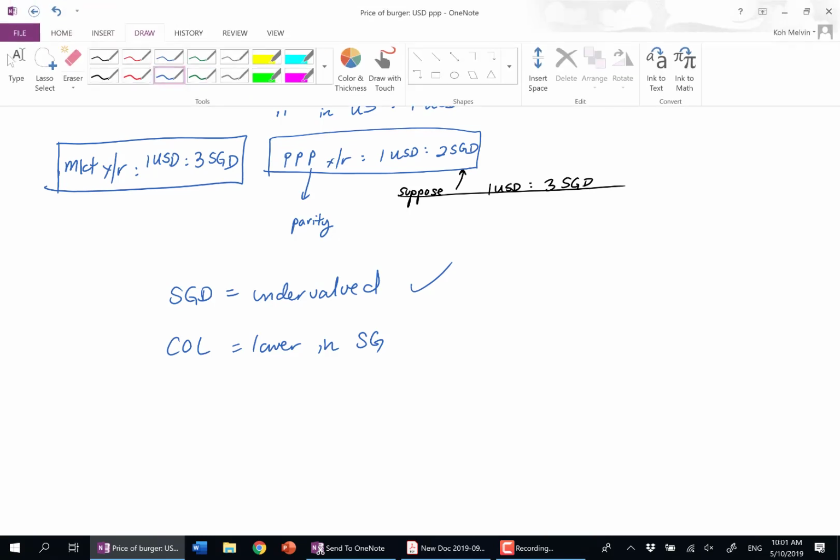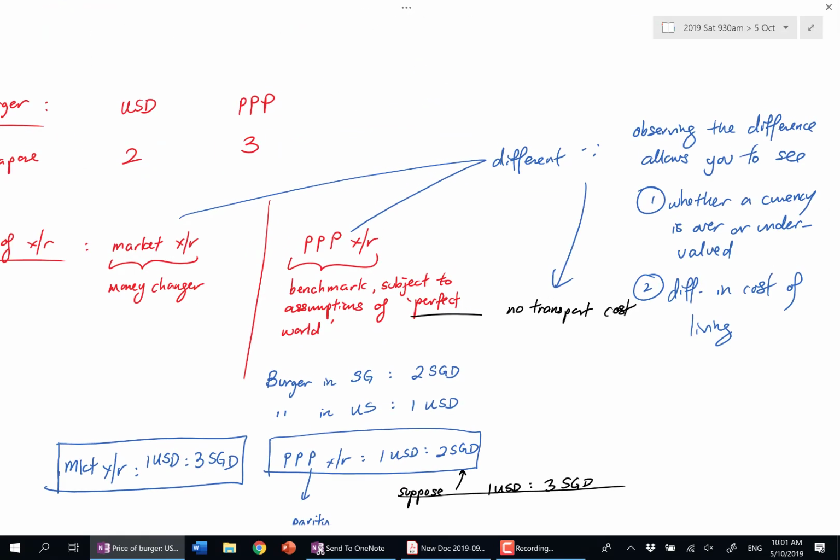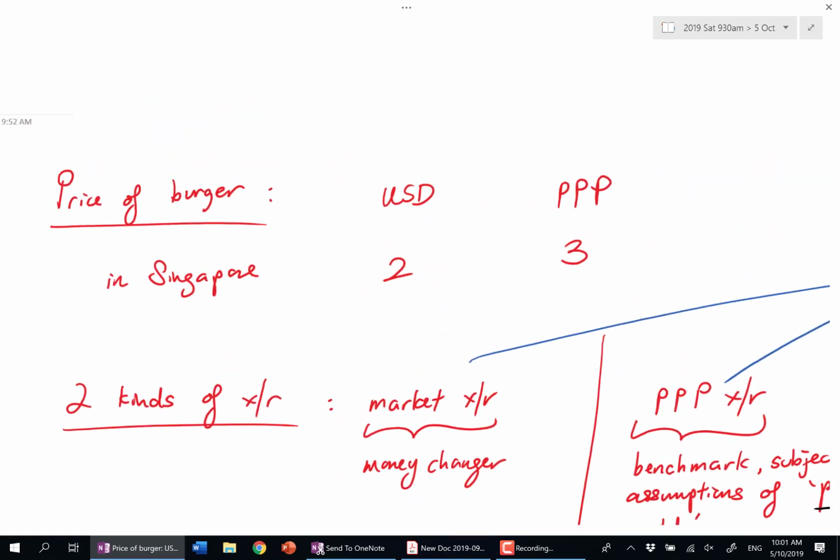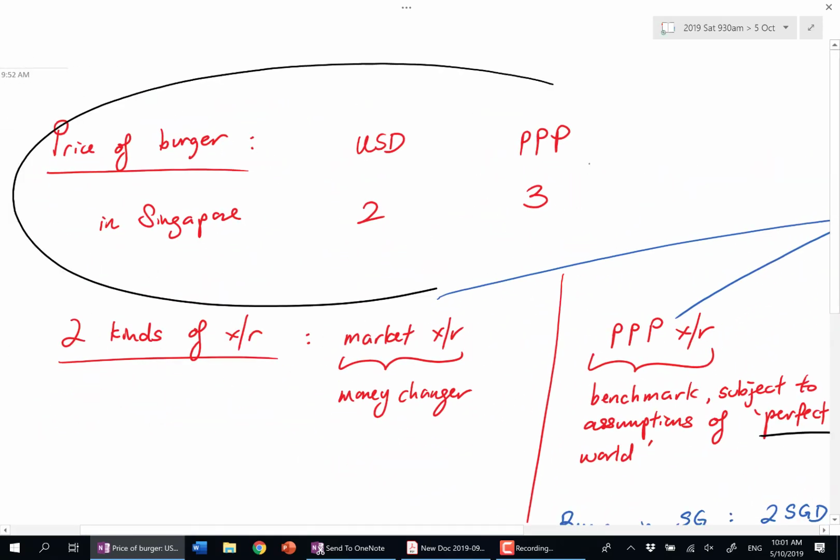Suppose I have a table that tells me the price of a burger, when converted based on market exchange rates, is $2 US. When converted based on PPP exchange rate, is 3. What can you conclude?